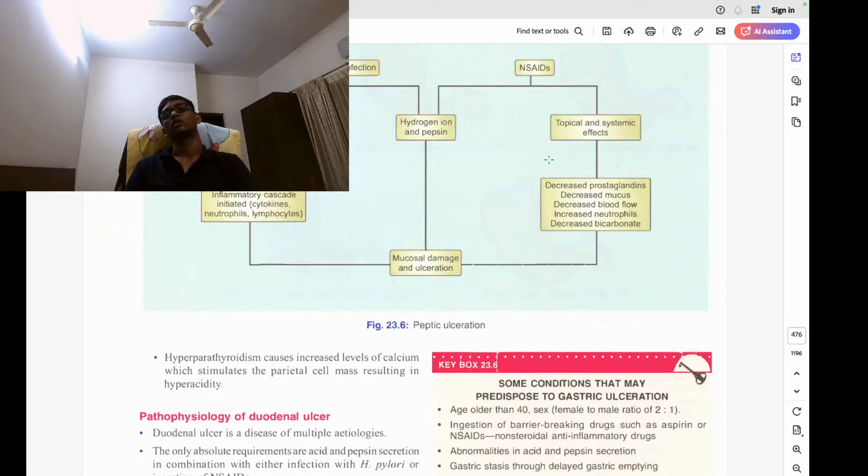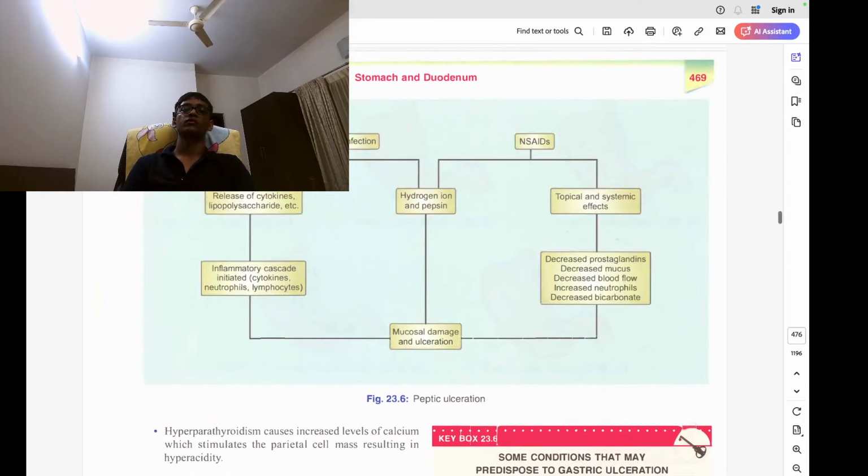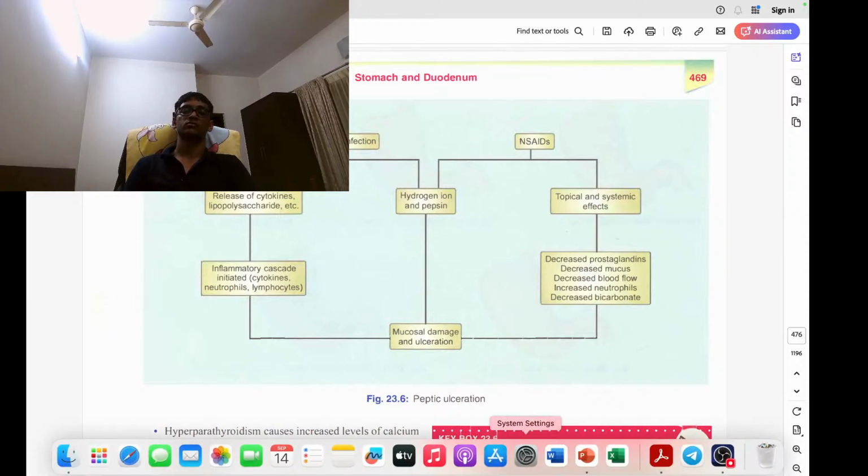The cytokines and lipopolysaccharide cause inflammatory cascade initiation, neutrophils, lymphocytes, and mucosal damage and ulceration. Whereas the topical and systemic effects, due to decreased prostaglandins, decreased mucus, decreased blood flow, increased neutrophils, and decreased bicarbonate, also cause mucosal damage and ulceration. This is the pathophysiology, I think.